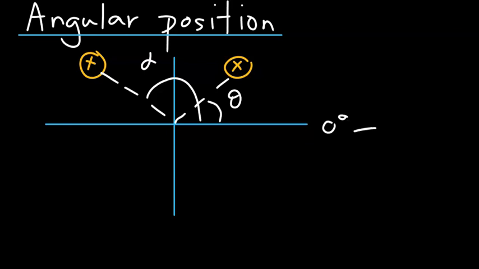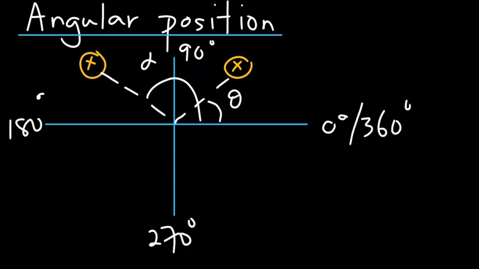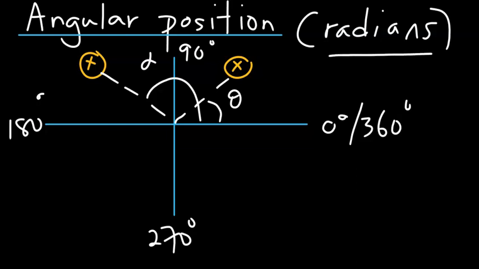Note that this is the 0 degree line, this is the 90 degrees line, this is 180, this is 270 right there, and then we are back to 360. When describing angles associated with rotational motions, it is more convenient to measure angles in radians than degrees.